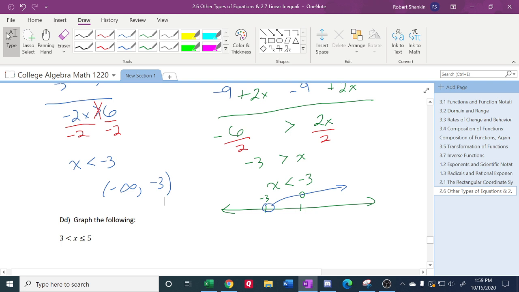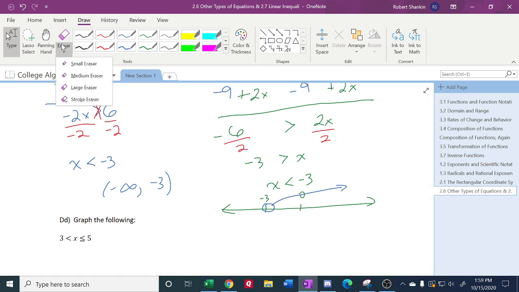When that said this right portion, it said negative 3 greater than x, but we wouldn't leave our answer that way. You always have to lead off with x. Wouldn't x then be everything to the left of negative 3, not to the right? Oh, you are correct. Thank you, thank you.